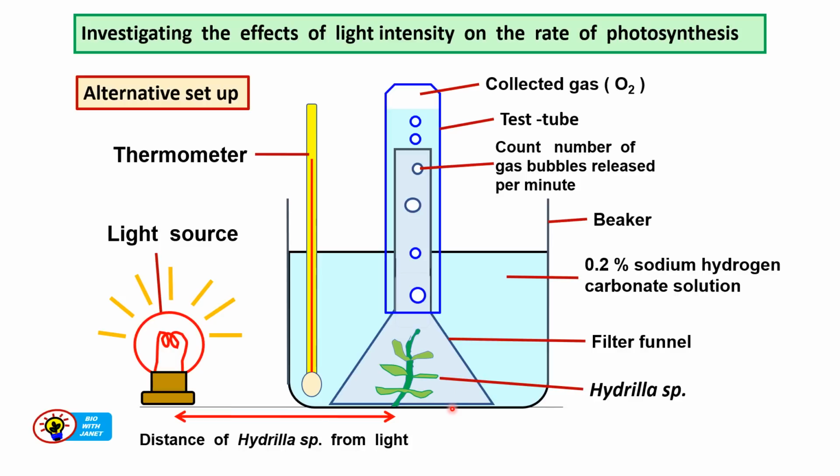Then the plant is also weighed down with a clip or plasticine, and it will produce oxygen gas in the presence of light during photosynthesis. So the oxygen bubbles can be easily counted here. And the test tube that is inverted over the filter funnel will collect the oxygen gas produced as a byproduct of photosynthesis.